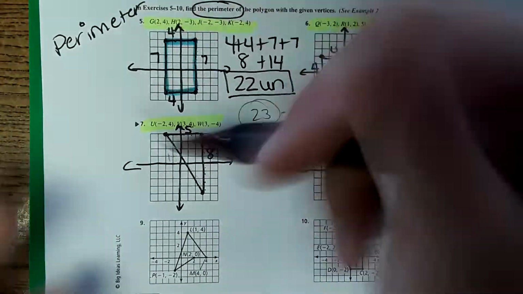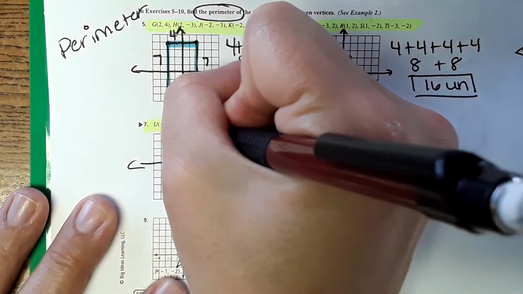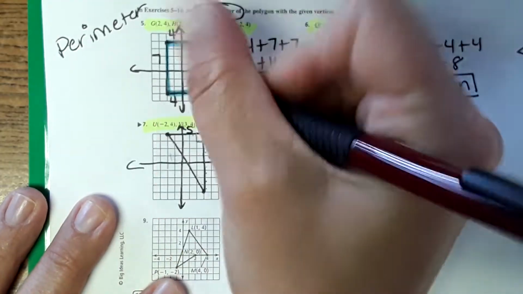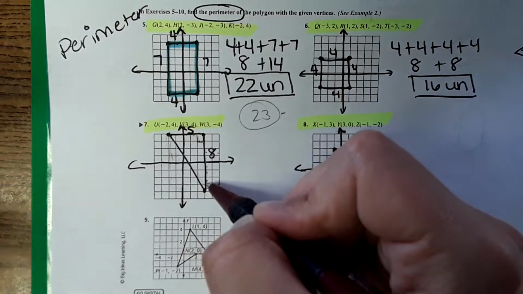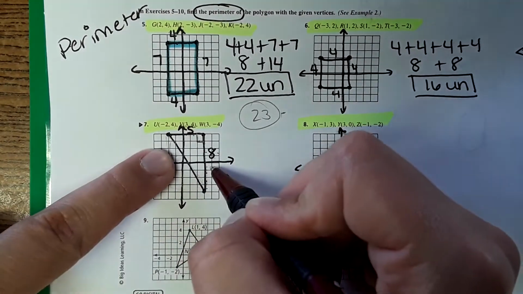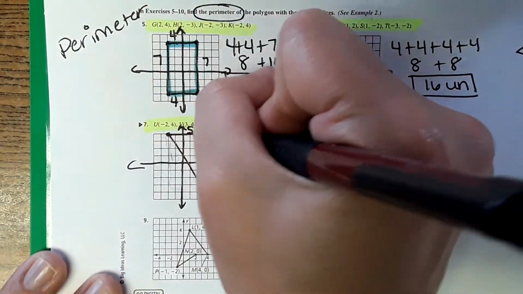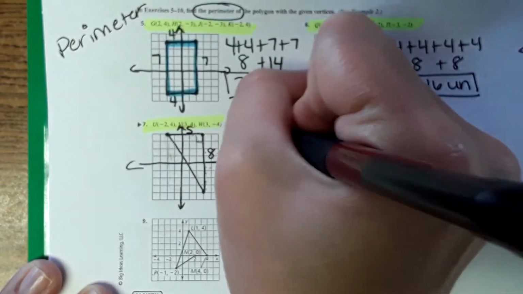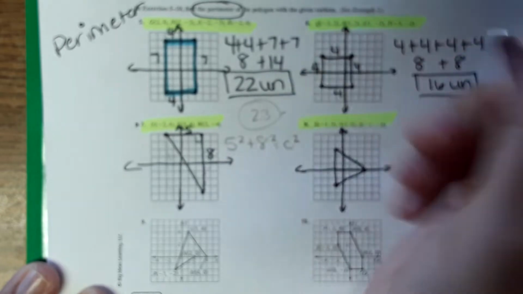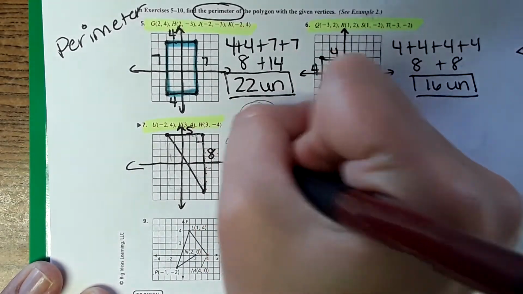To find this length exactly, we're going to use the Pythagorean Theorem. The way we did it yesterday was we drew a right triangle. However, this already has a right triangle right here, so we're going to use these dimensions to find the exact length. So 5 squared plus 8 squared equals c squared. 25 plus 64.